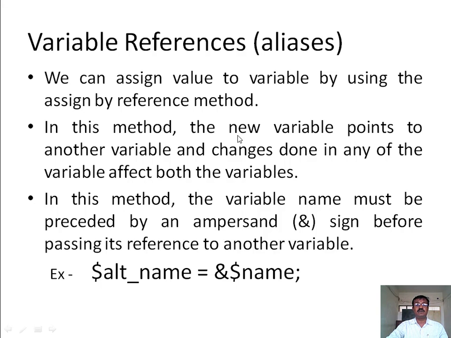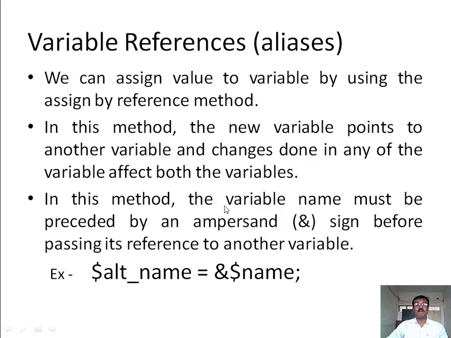In this method, the new variable points to another variable, and changes done in either variable affect both. The new variable becomes an alias of the other variable, so whatever changes are made in one variable will be reflected in the other. That's about references.